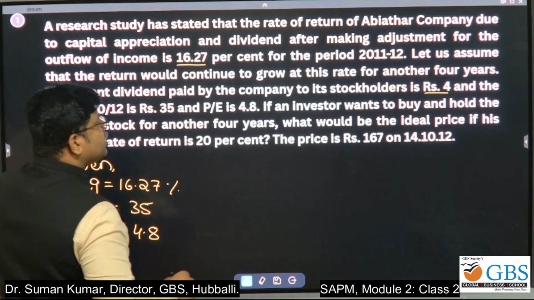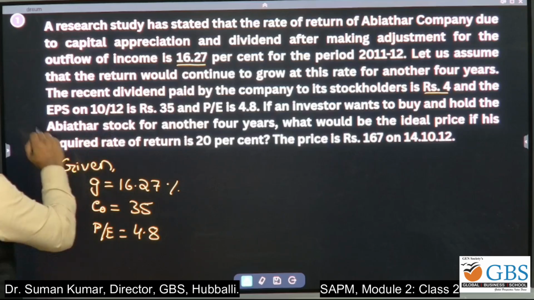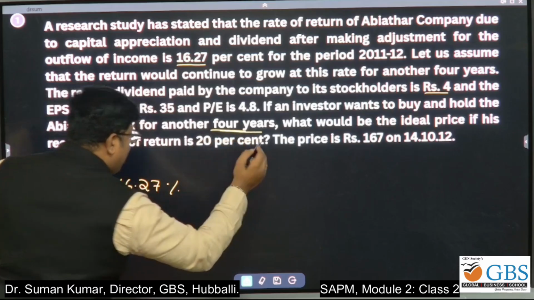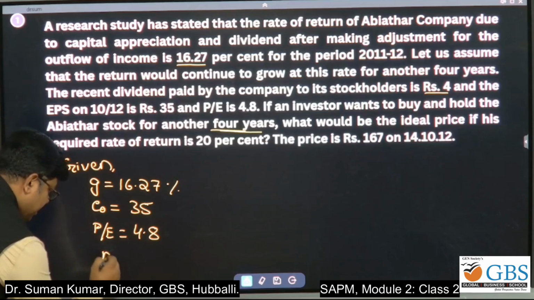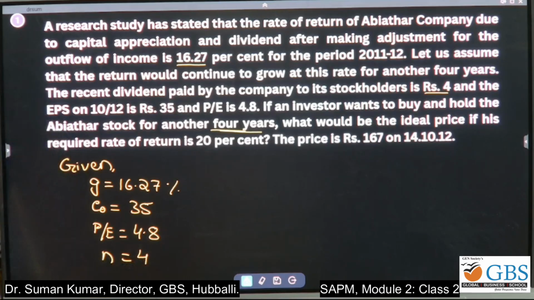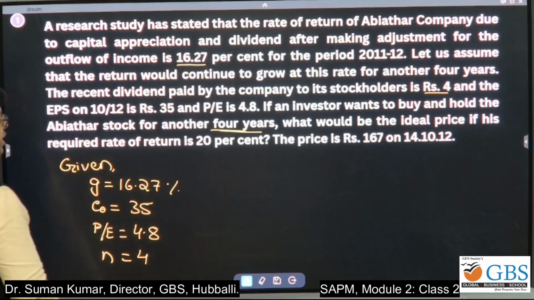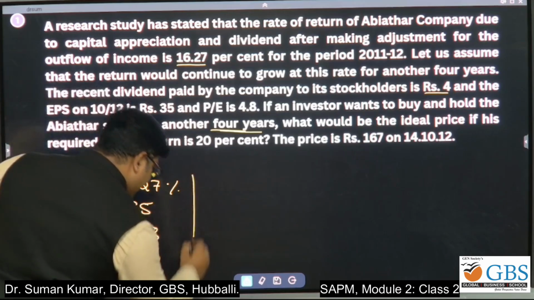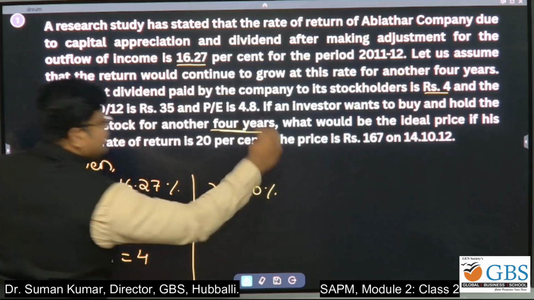If an investor wants to buy and hold the stock, Abhiyathar stock, for another 4 years, that is the holding period. So here, what is 4? N. N is equal to 4, holding period. What would be the ideal price if the required rate of return, RRR, that is, I can write down here, R is equal to 20%.